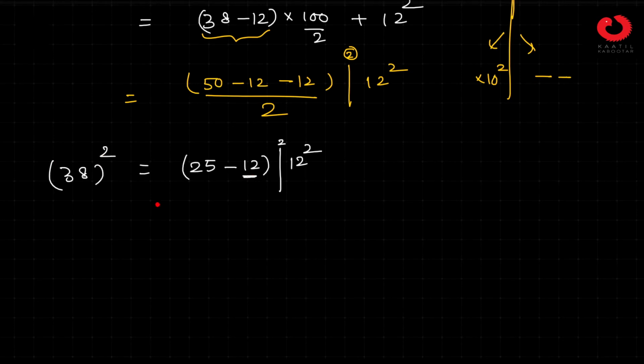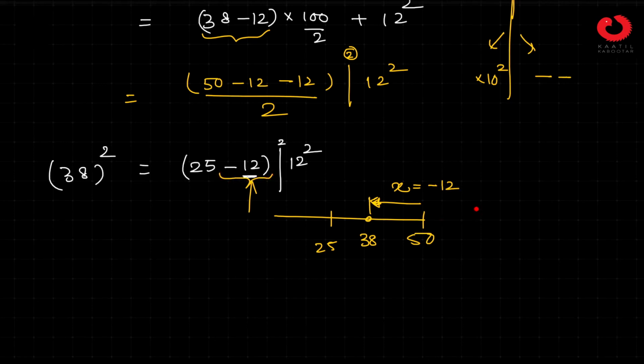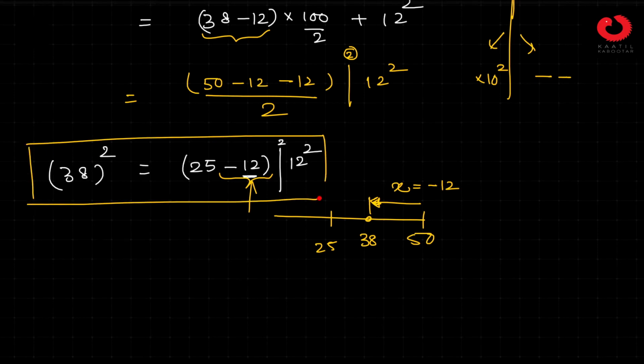Now just have a check over this and you can very well see that this is x, this 12 is this number, this is 50, this is 25, this is 38 and this 12 is this x, means minus 12. So this minus 12 is the same thing. Okay, and this sort of formula we can remember.